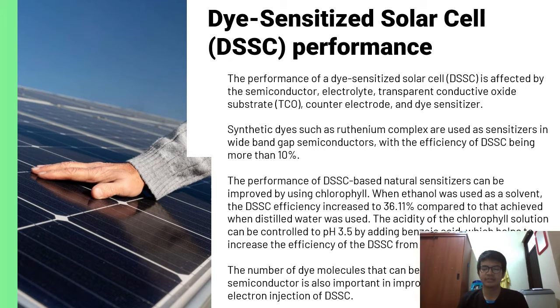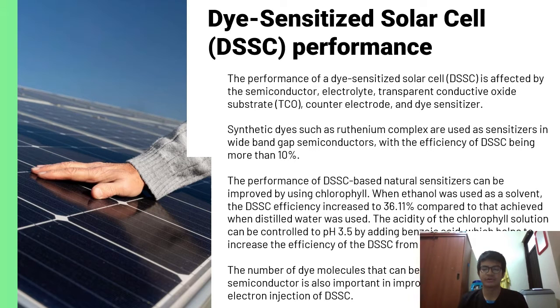The performance of DSSC-based natural sensitizers can be enhanced through the use of chlorophyll. When ethanol is used as a solvent, the efficiency of DSSCs improved to 36.11% compared to that achieved when distilled water is used.